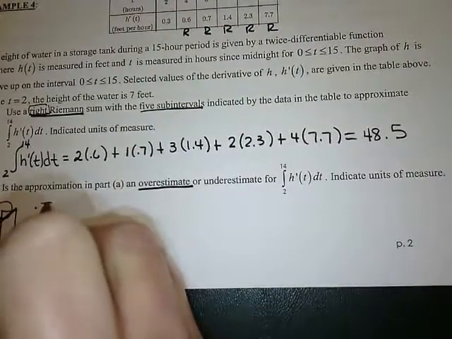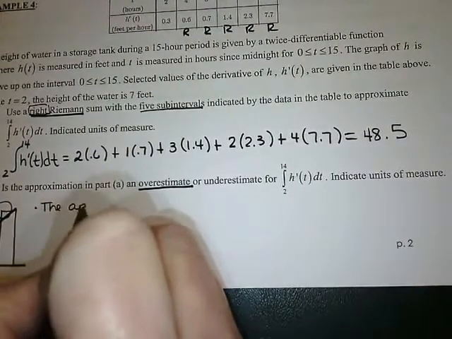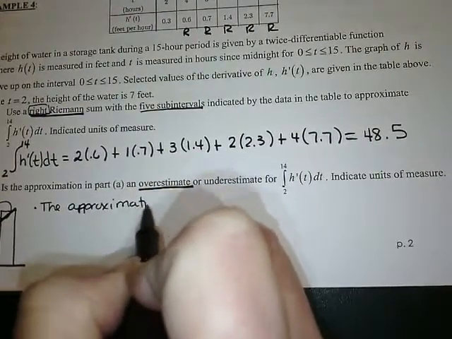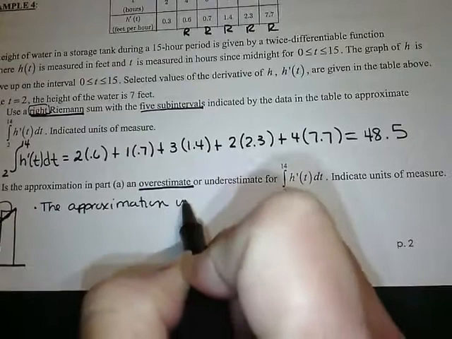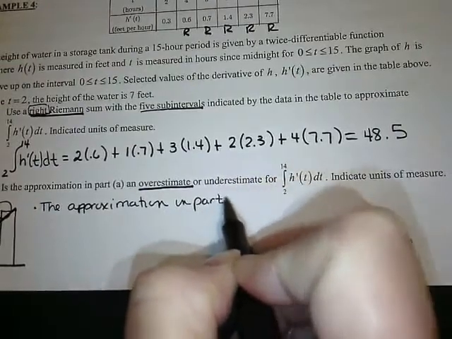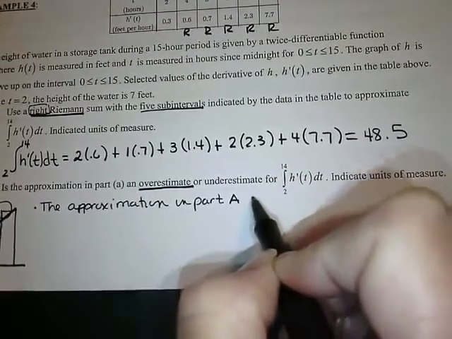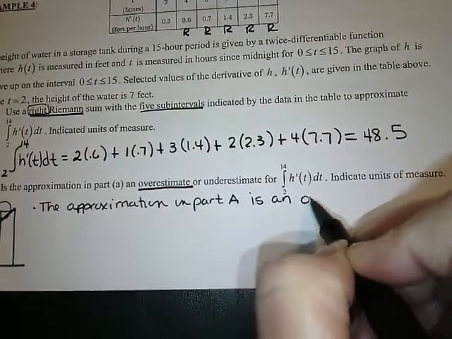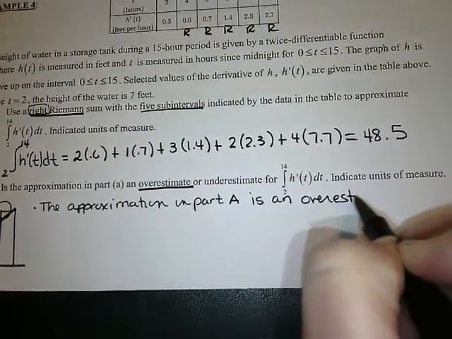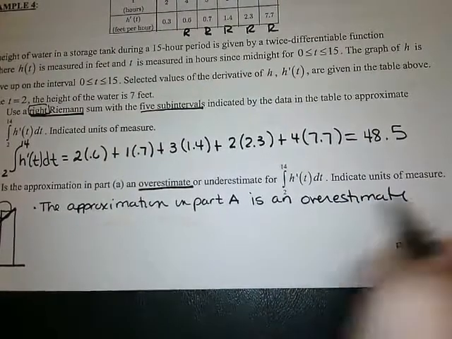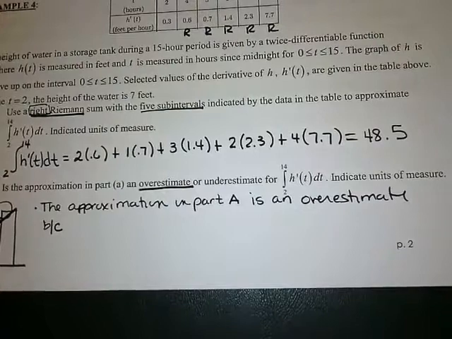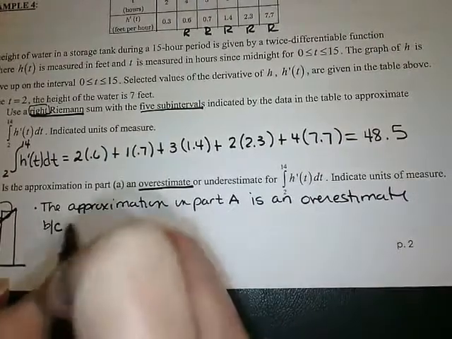Okay, so what am I going to write? I'm going to say the approximation in part A is an overestimate because, remember that we always have to justify why. So why?